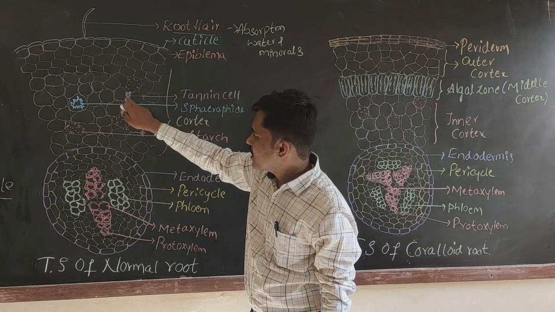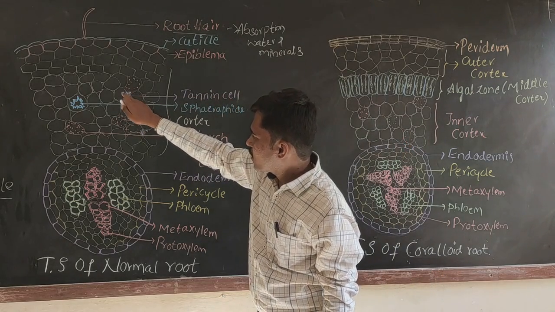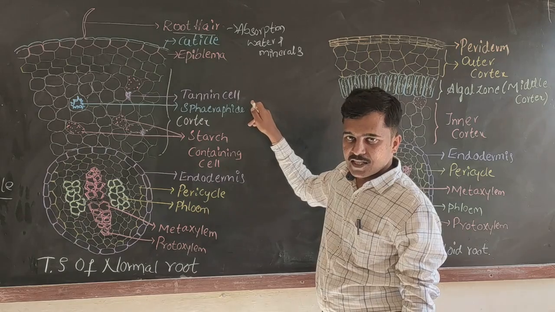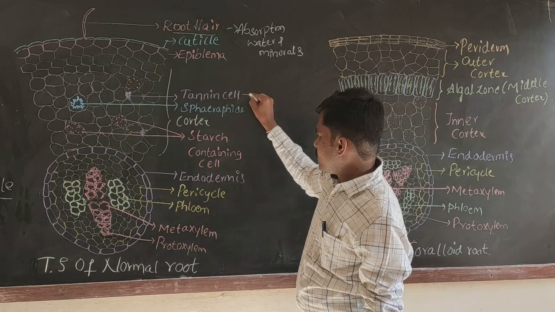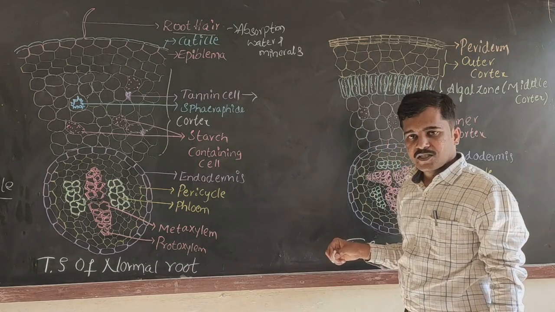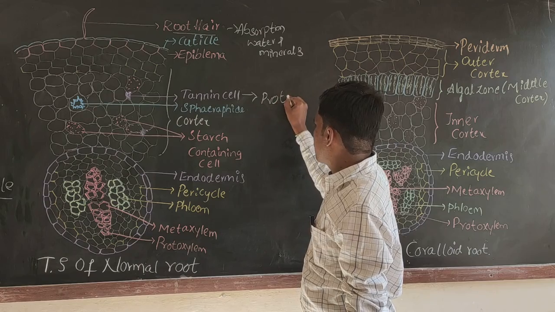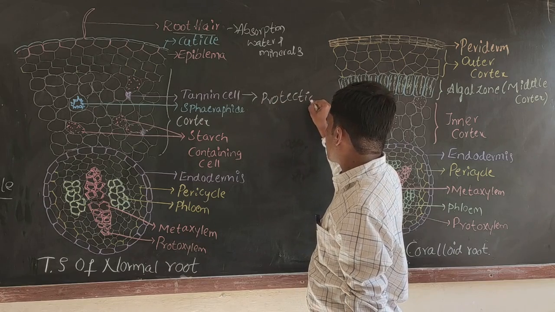For example, you can see here in one of the cortical cells, it has accumulated tannins. The main function of this tannin is protection of the root.